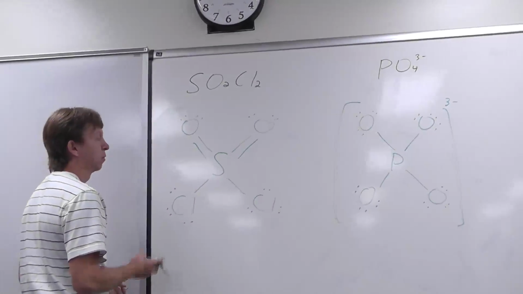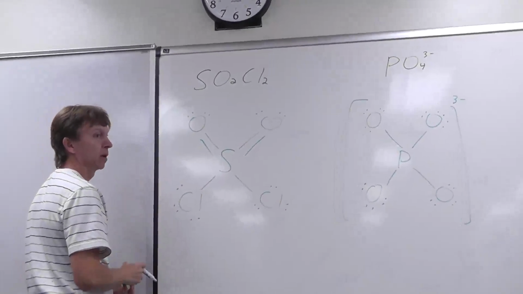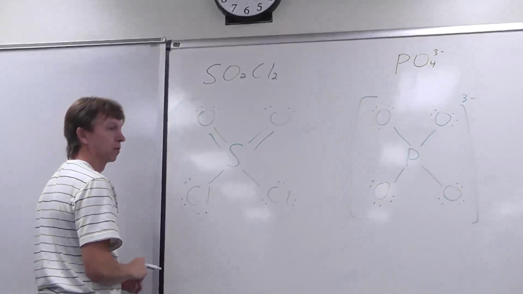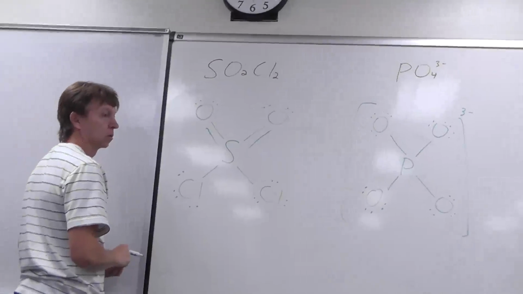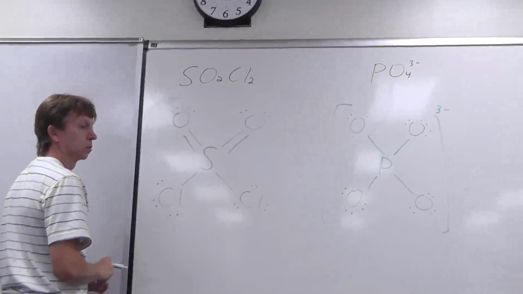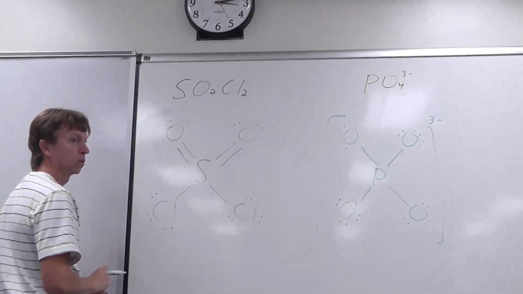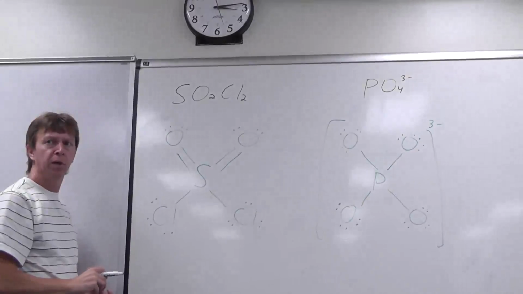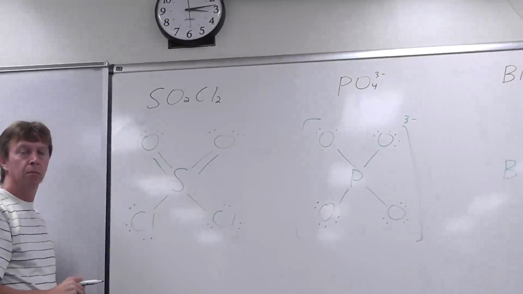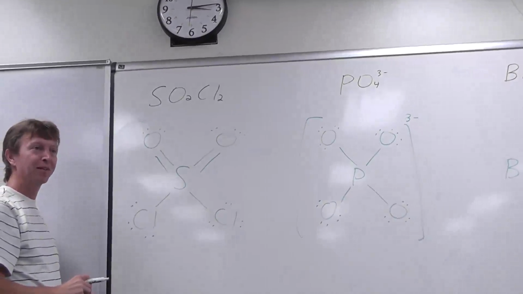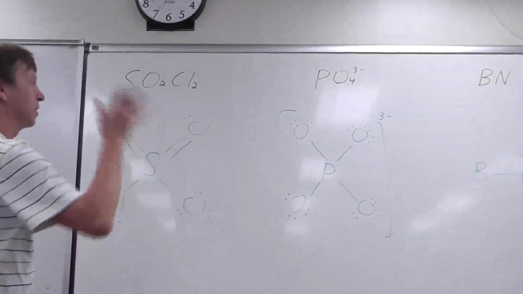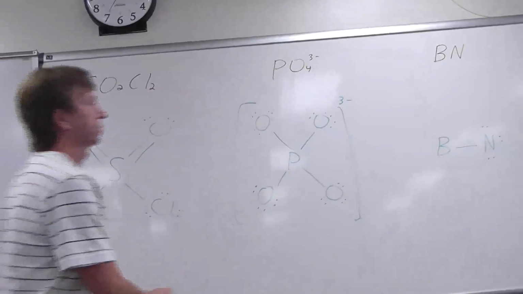It wants 8, and what's the maximum that it can be forced to have? Did we do Rule 6 before? No, we didn't. Where did we stop? We stopped at 5. Oh, no wonder. Sorry about that. Rule number 6.